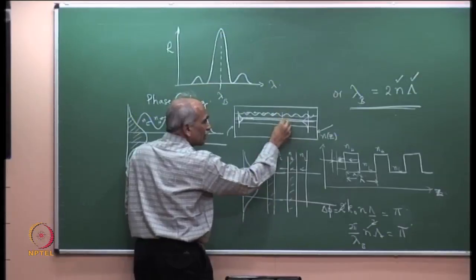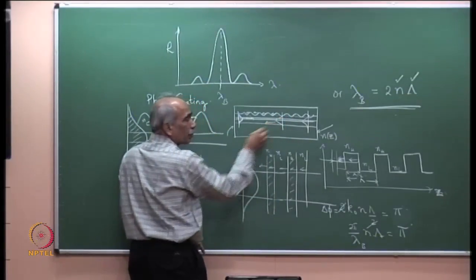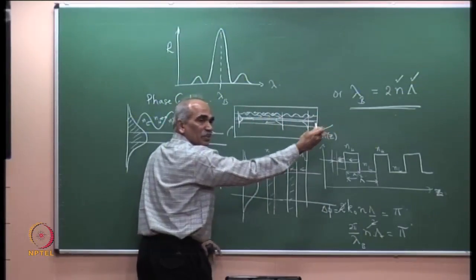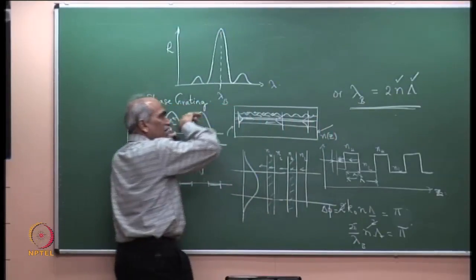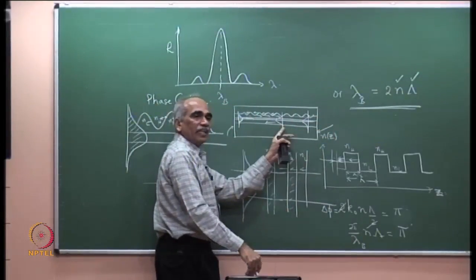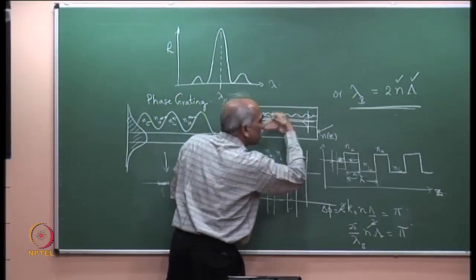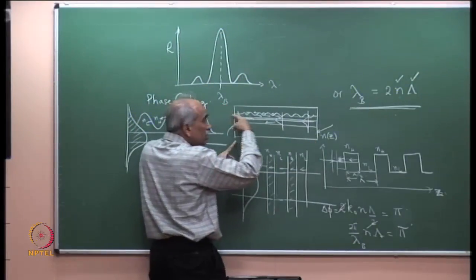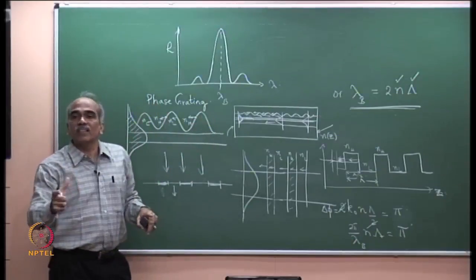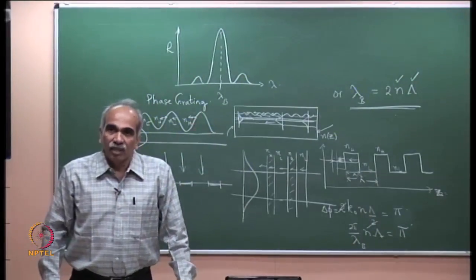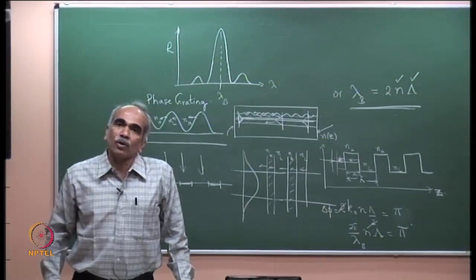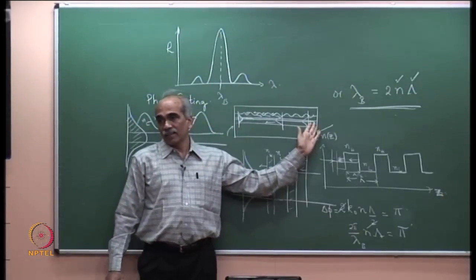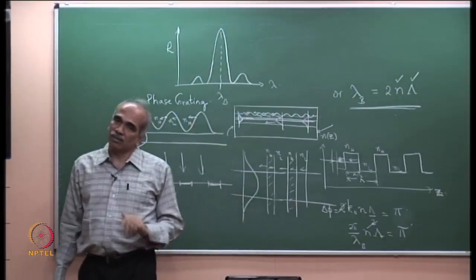As it continuously propagates in this direction, it gets continuously reflected. But the reflection is not at the ends; it is distributed all along the length. Hence the name distributed feedback. Reflection is a feedback in the case of lasers, and reflection is distributed all along the length. Hence the name distributed feedback lasers.